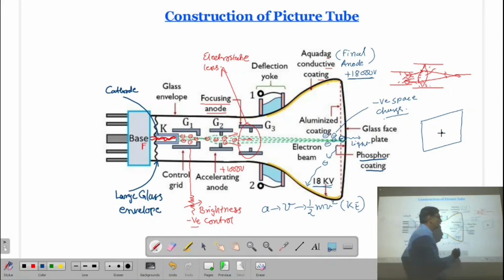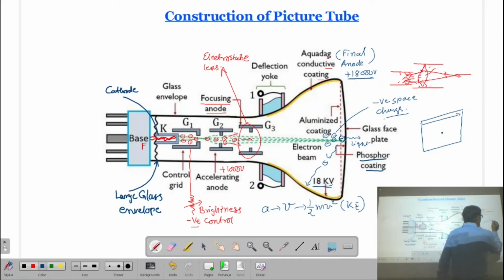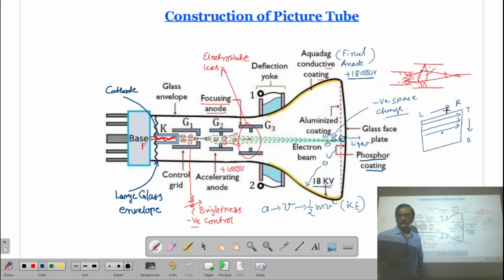But to deflect the electron beam from left to right, as well as from top to bottom, the two deflections are there. One is a horizontal deflection and another is a vertical deflection. This deflection of the electron beam is provided by the deflection yoke.